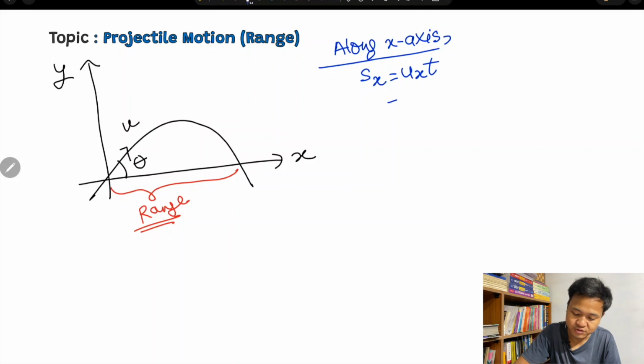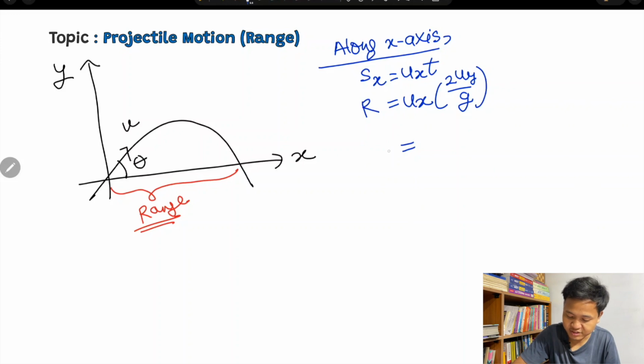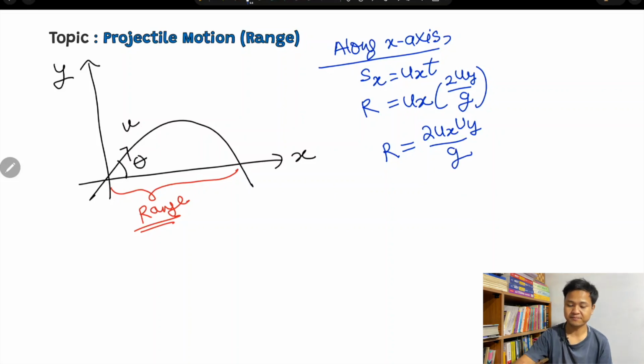So here it is ux into the time of flight, which is 2 into uy by g. So this is the range: 2 into ux into uy by g.